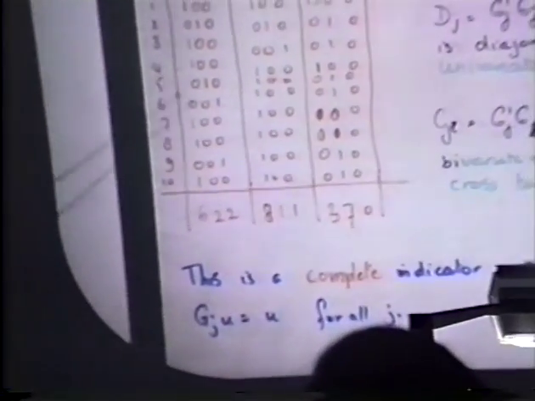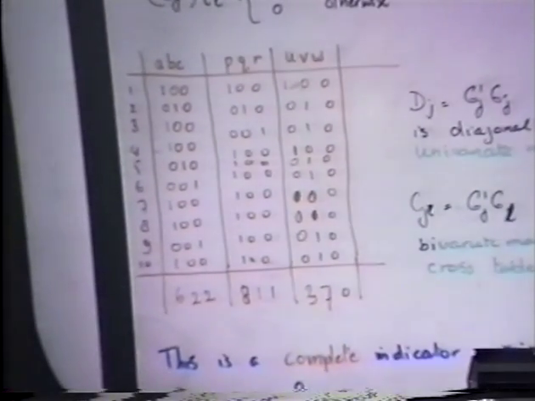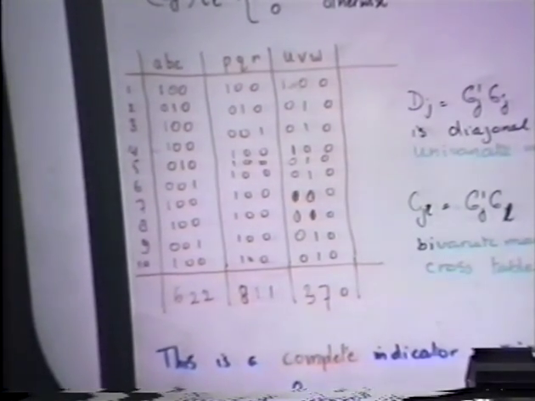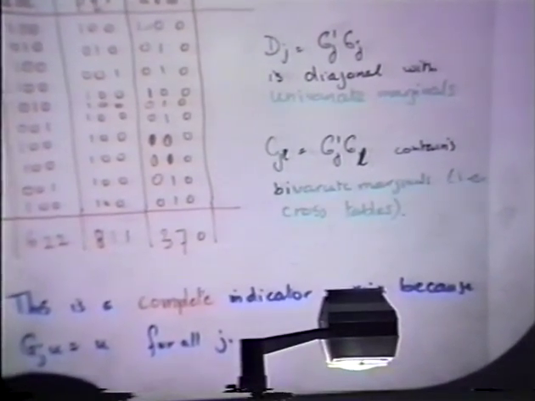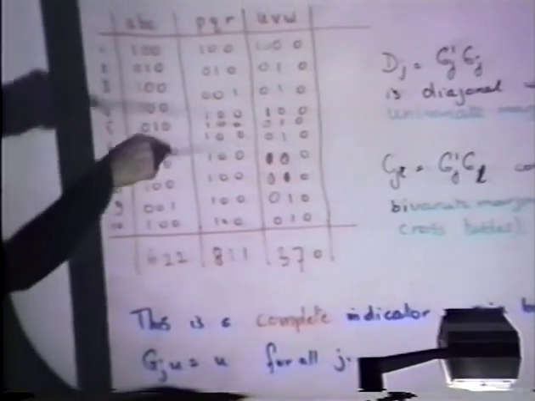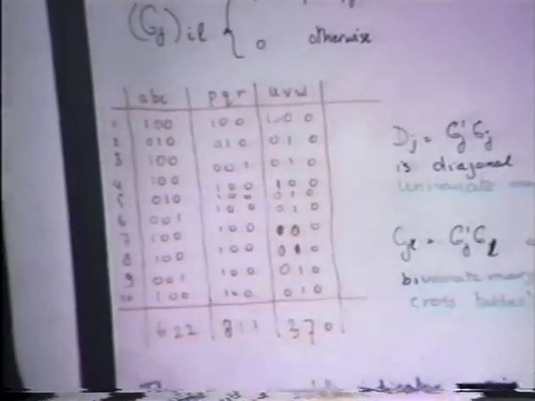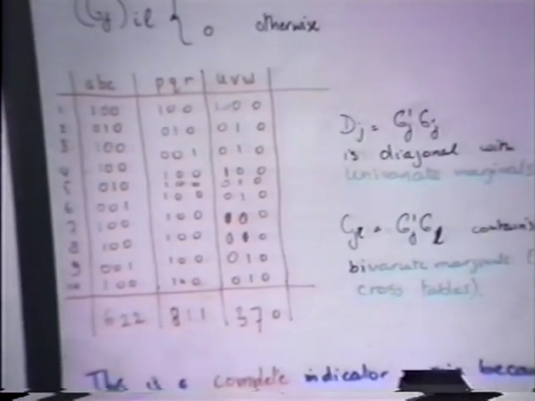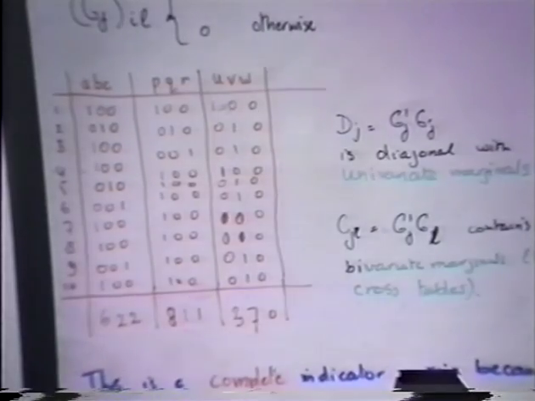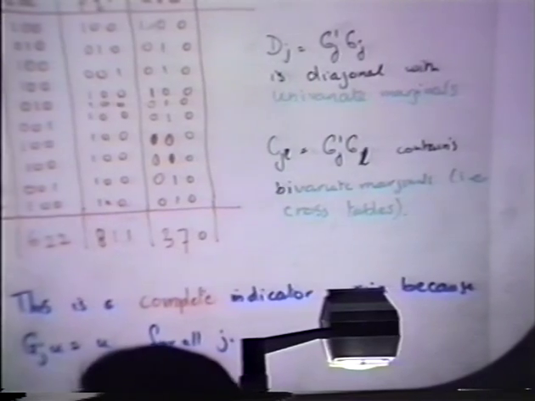We call this, by the way, a complete indicator matrix because all rows add up to 1. Obviously there's also something as an incomplete indicator matrix, which I will come to later. But for the moment we have complete indicator matrices. This structure up here, which simply consists of the indicator matrices of all variables next to each other, is called the indicator supermatrix in Gifi, and the symbol is simply G without any index.